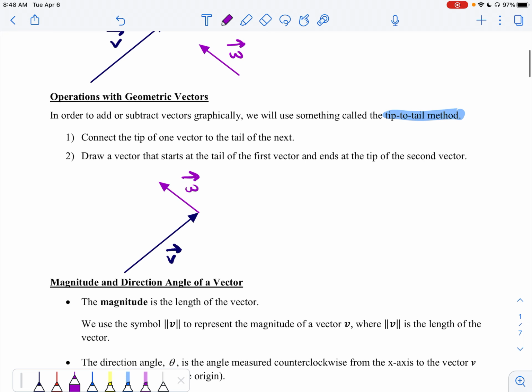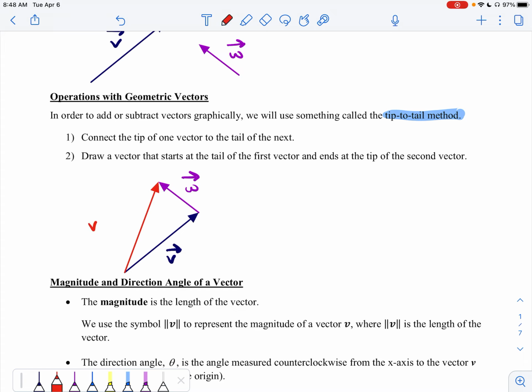Now the resultant vector, or our answer, if you will, is going to be the vector that starts at the tail of the first vector and ends at the tip of the second vector.